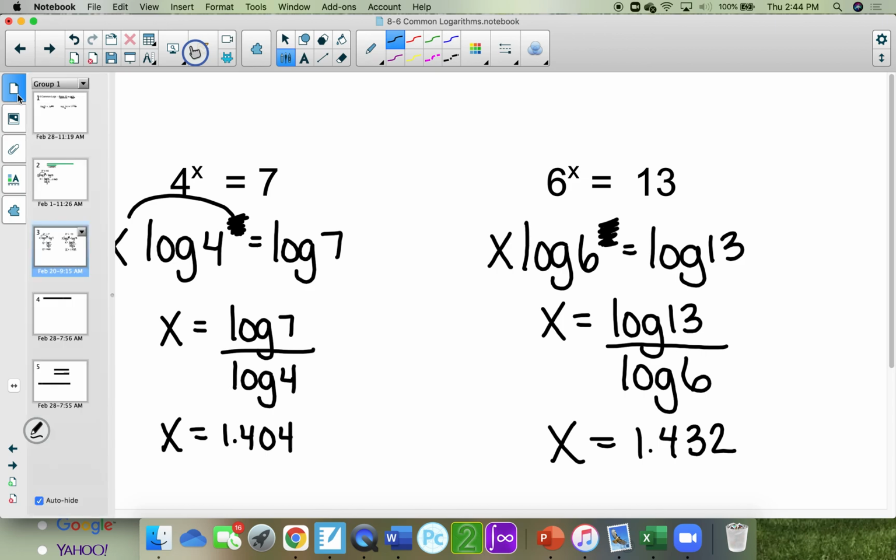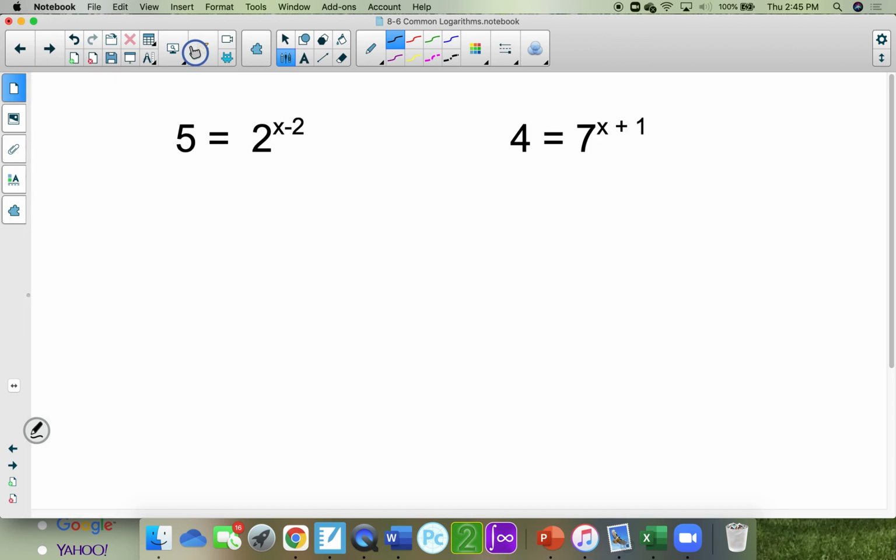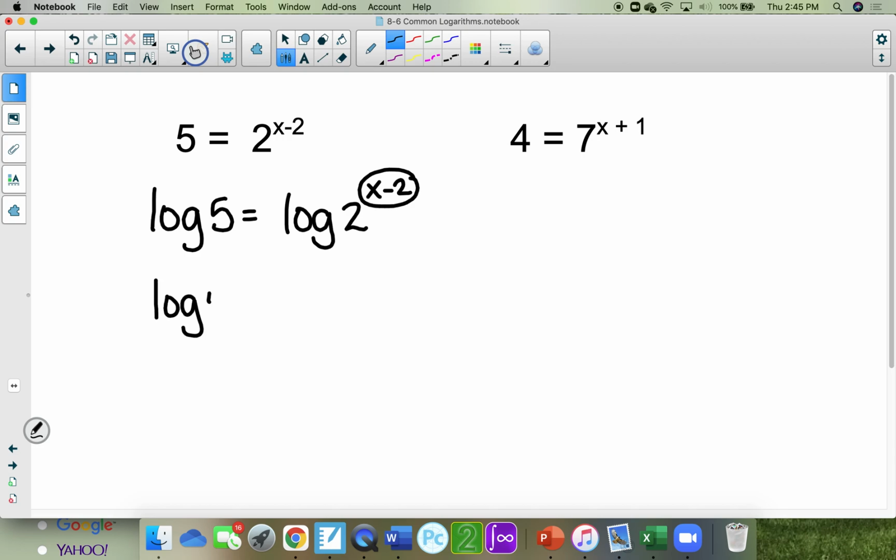Okay, couple more. This one's a little bit more difficult. I still have to log both sides. Okay, this is a little bit trickier. Do you see that there's 2 things in there? So it's just going to be the log of 5 equals, and I want you to put that in parentheses.